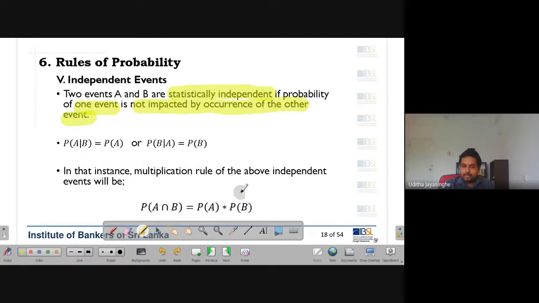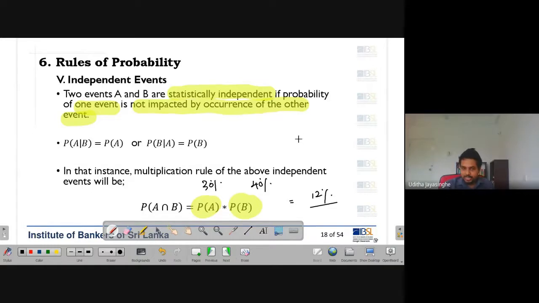Let's say the probability of A is something like 30%, the probability of B is 40%. So this is going to be 12% in that case. That's why I told you it's a bit difficult and tricky to define independence using a Venn diagram.